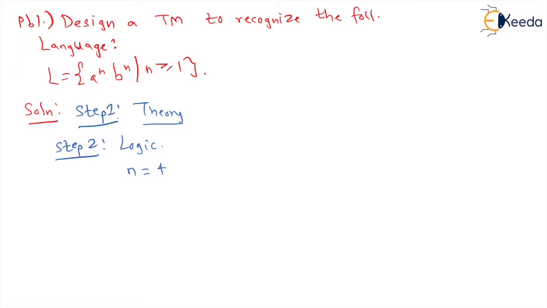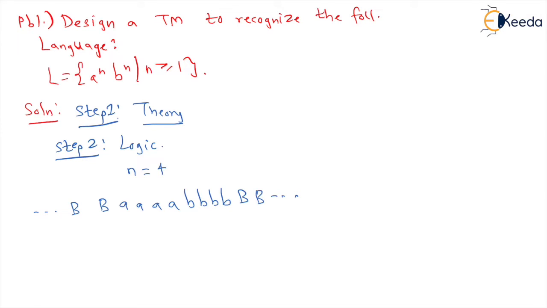So if n's value is 4, the input is going to be A A A A followed by B B B B, with a lot of blanks on the left and right side of it. We are not concerned with that as of now. We are interested in formulating the logic for it. So let's try to understand the logic.